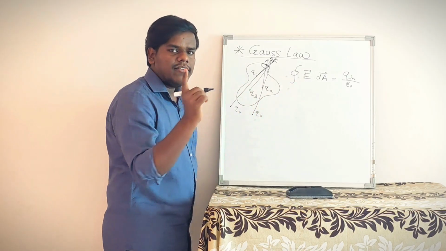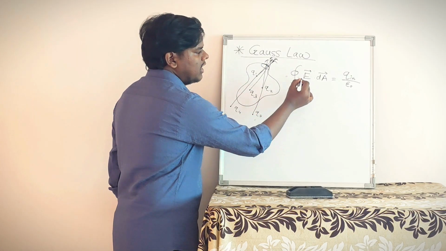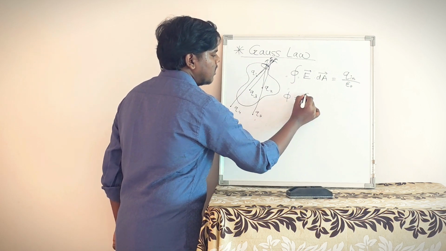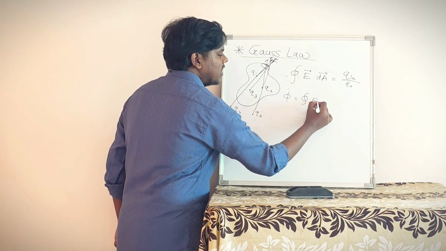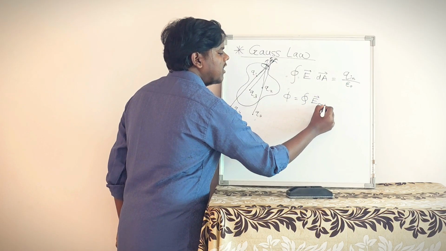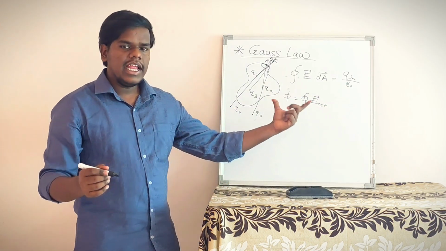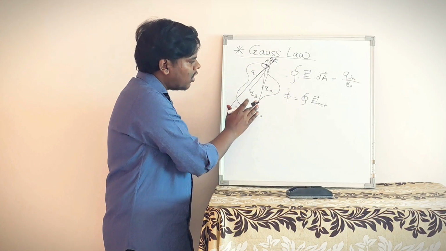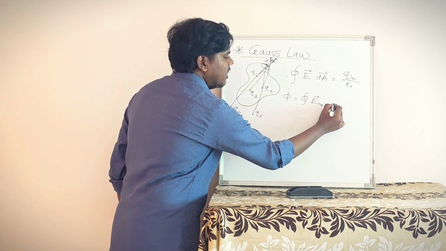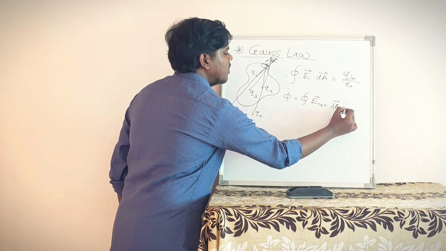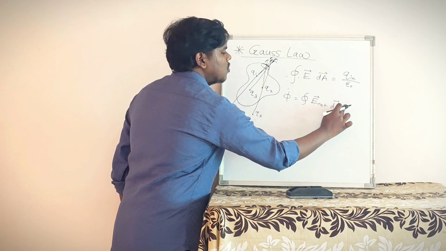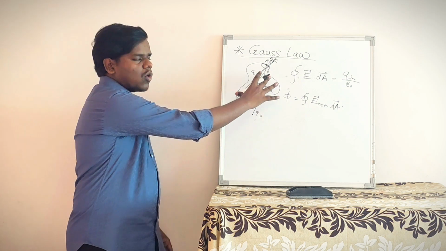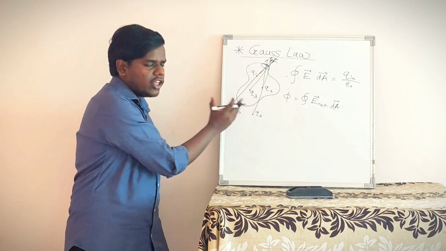So here, this E in the flux integration is the net electric field, that means the electric field due to all charges, Q1, Q2, Q3, Q4, Q5. E net dA is equal to Q inside, and this Q inside means only the charge inside this closed surface, not outside charges like Q4 and Q5.